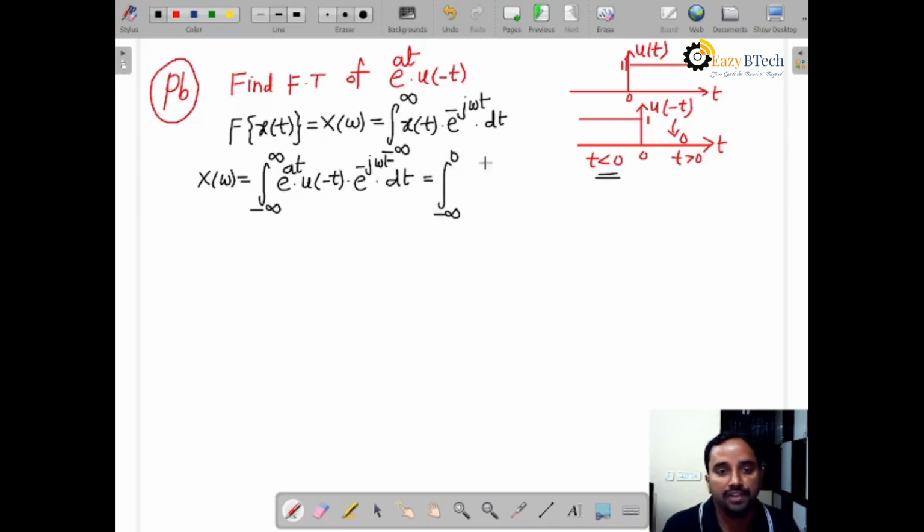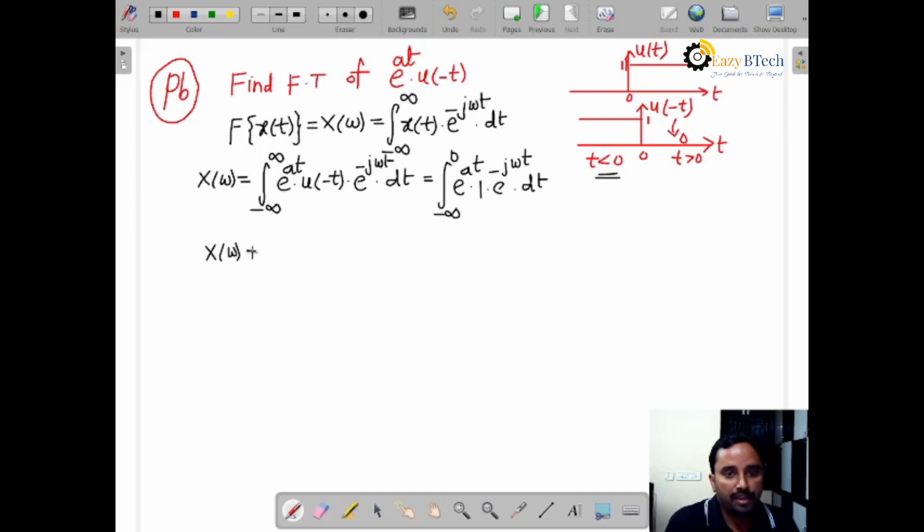That is minus infinity to 0, e power at, and u(-t) value from minus infinity to 0 is 1, into e to the power minus j omega t dt. So here we have the same base exponentials, so we can add powers.